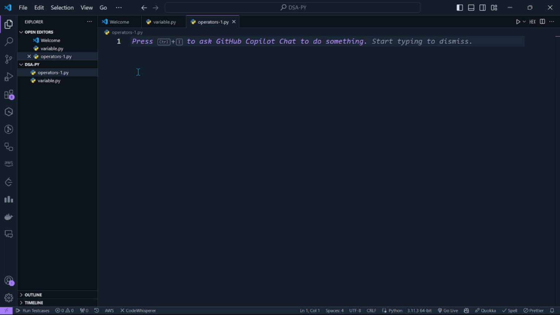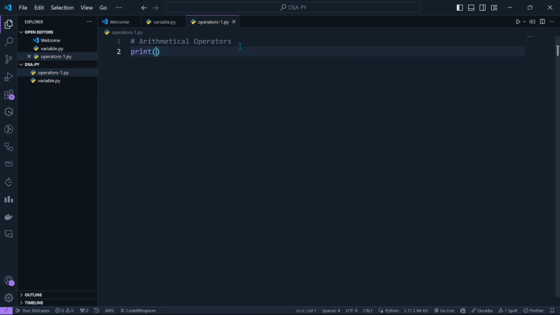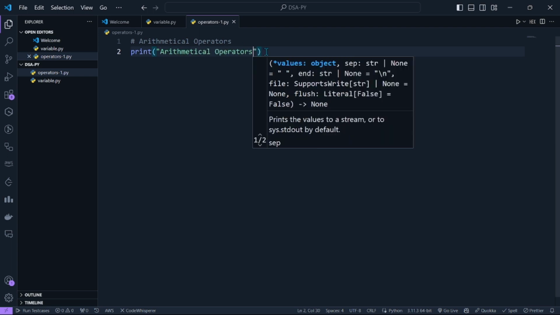Here first we are going to talk about arithmetic operators. Okay, so first I am going to print arithmetic operators.